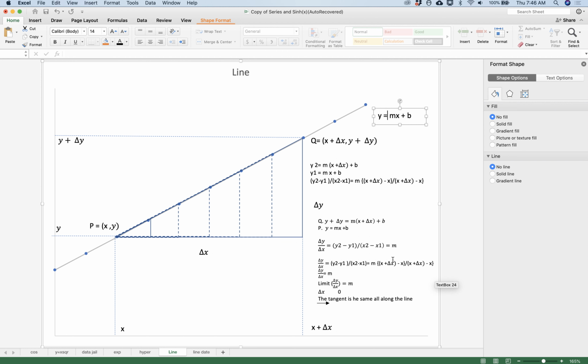These two cancel out. They're just one, and it leaves the constant m. So delta y over delta x is m.